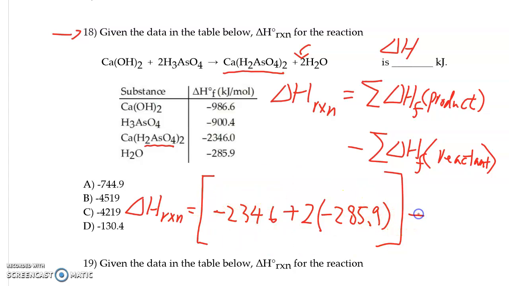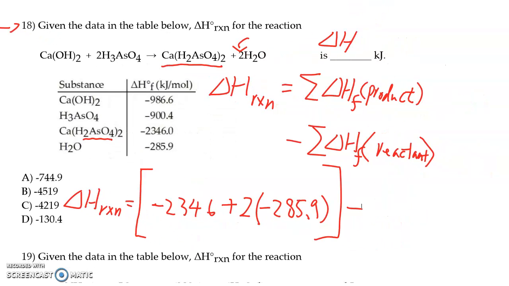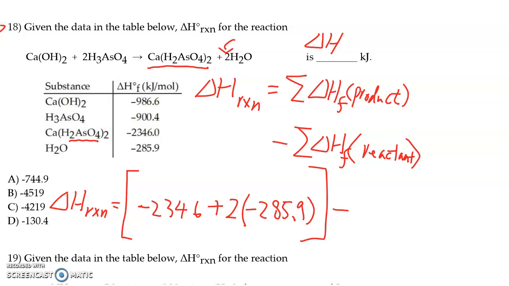And I need to minus the sum of the enthalpy of formation of the reactants. All right, let's do that. So I minus the reactants, what do we have? Calcium hydroxide, so I have negative 986.6.